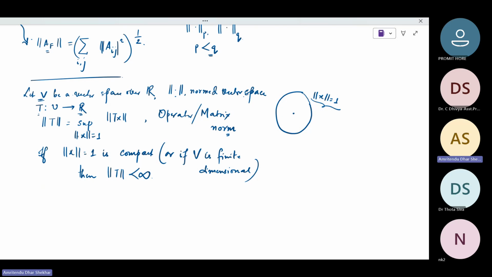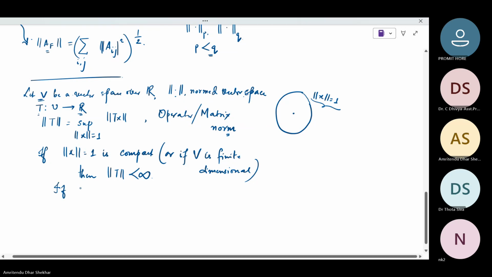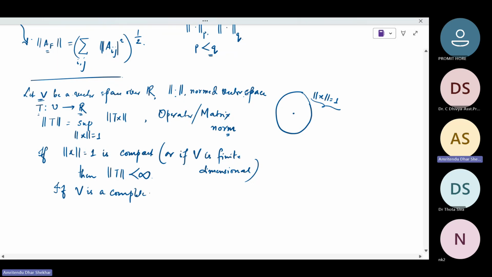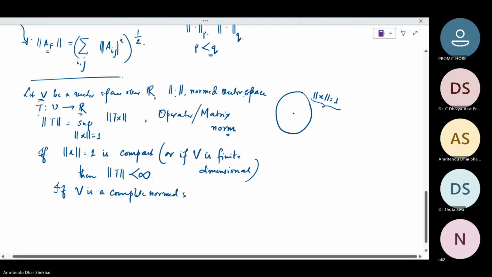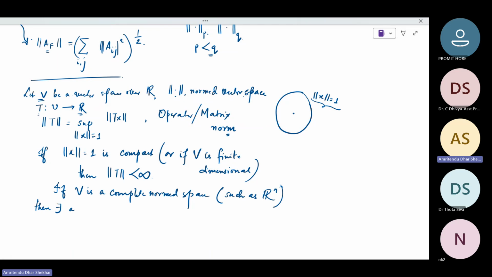And not only is it going to be finite, because if you assume that B is a complete normed space, such as any R^n, then there exists an x at which this maximum would be achieved.